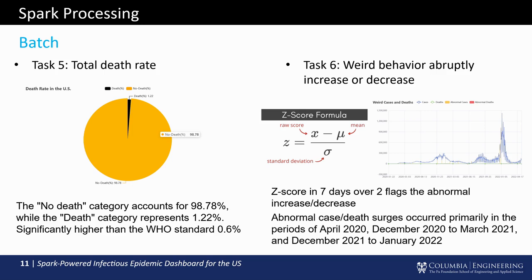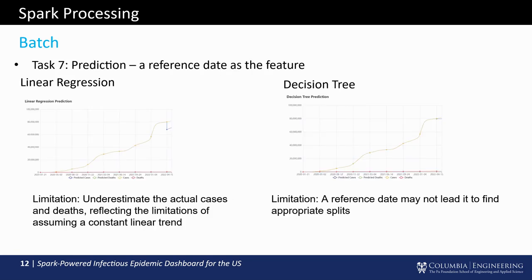Both surges occurred primarily in April 2020, from December 2020 to March 2021, and from December 2021 to January 2022. And for task 7, the last one, about prediction, we use the reference data as a feature.